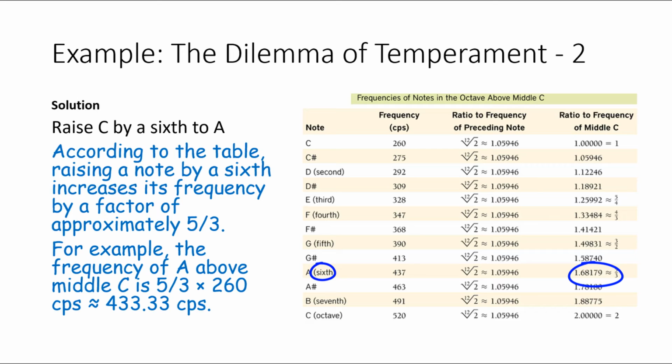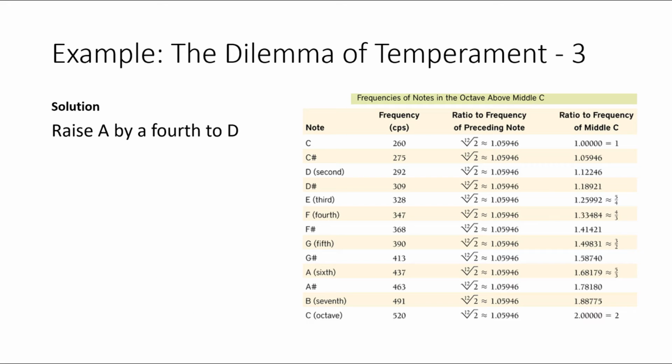For example, the frequency of A above middle C is 5/3 times 260 CPS, or approximately 433.33 CPS.